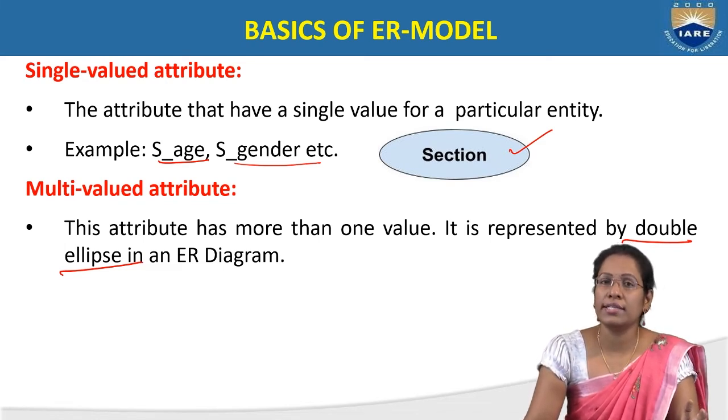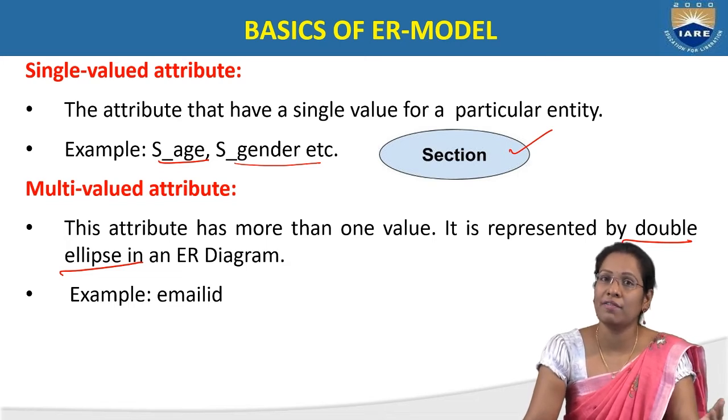Here I can give the example: when you consider a student or teacher, any person, they should have an email. Email is a property of the student or teacher entity. A person can have one or more email IDs. So email comes under the multi-valued attribute. Sorry, name is not multi-valued, it's composite.